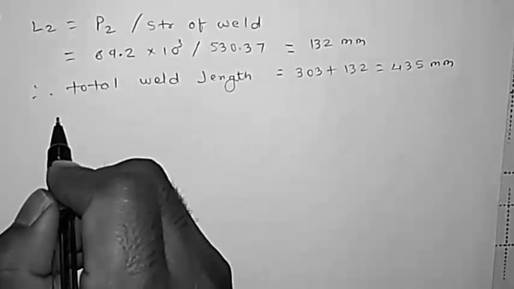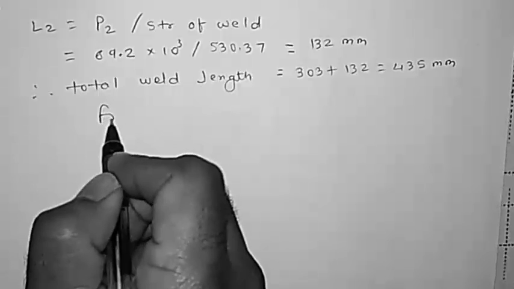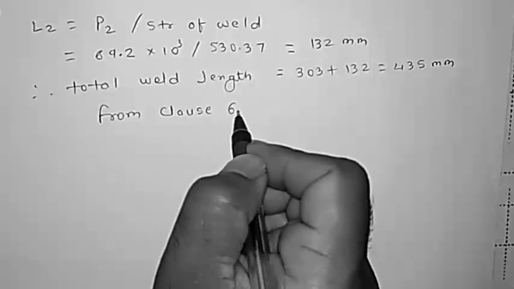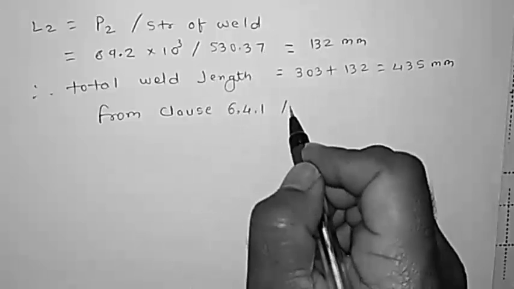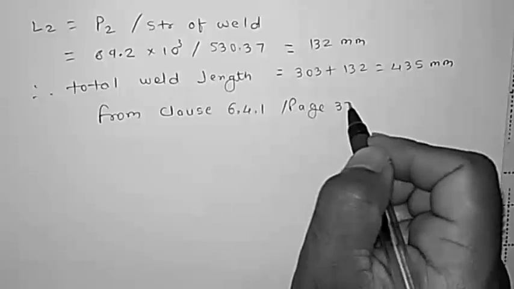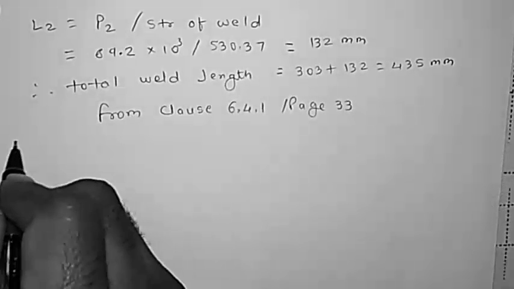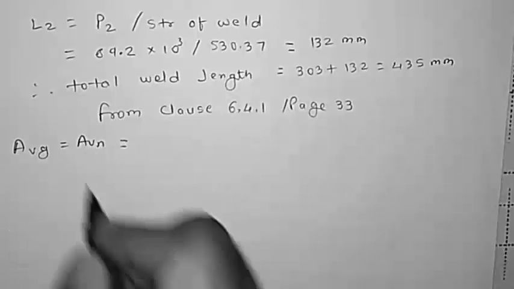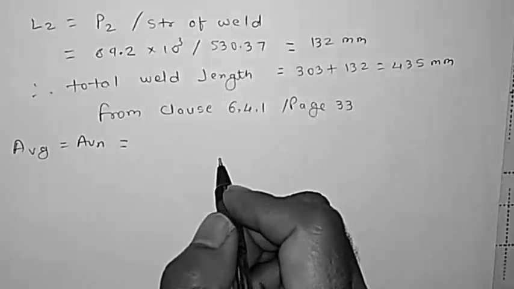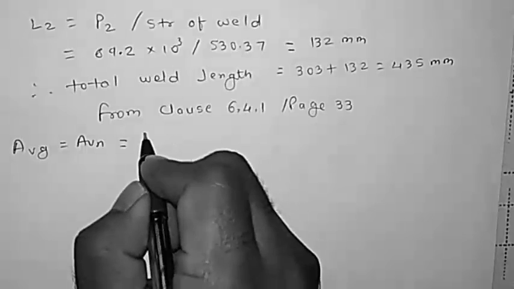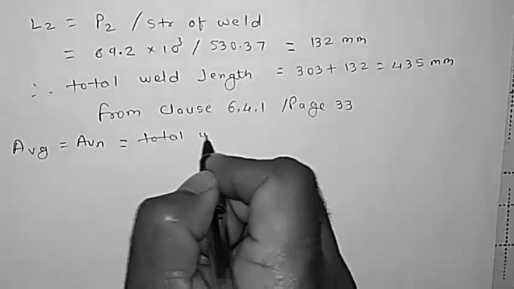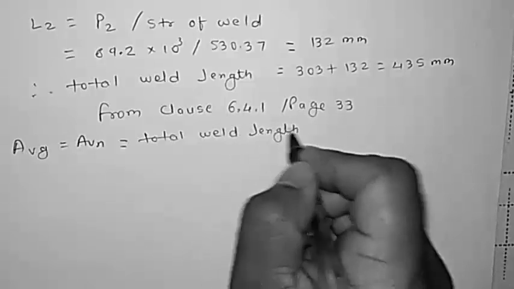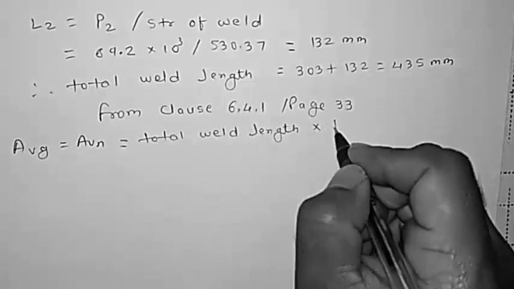First of all we can calculate, which can write down from clause 6.4.1, page number 33. So we have here AVG, which is equals to AVN. This is equals to total weld length multiplied by thickness.